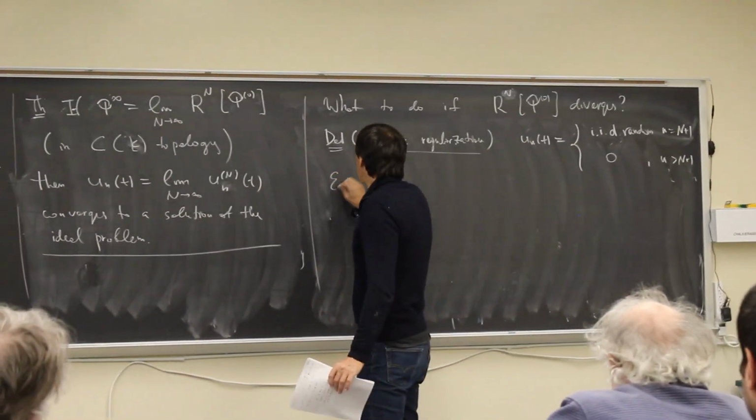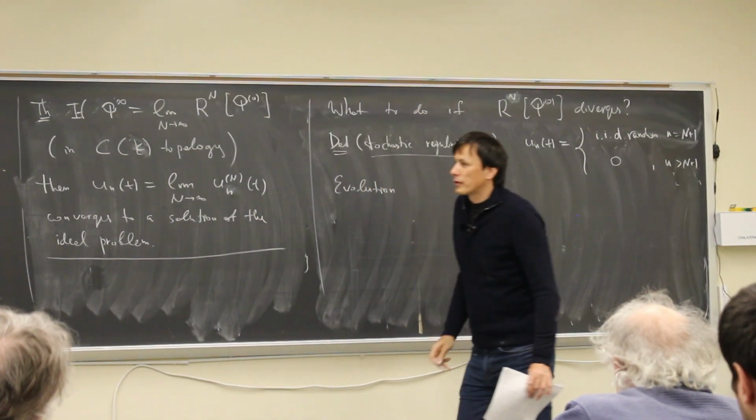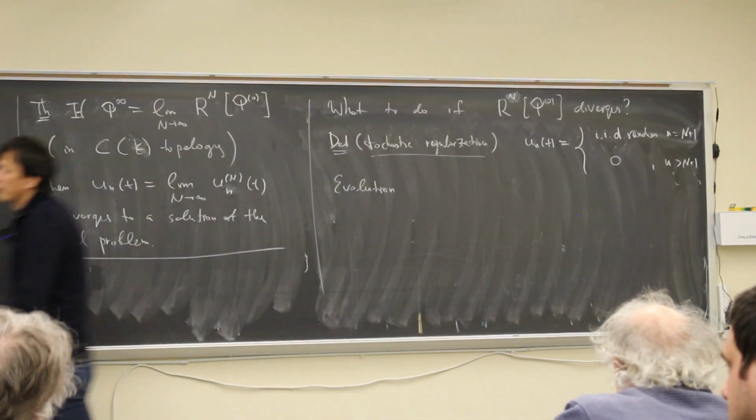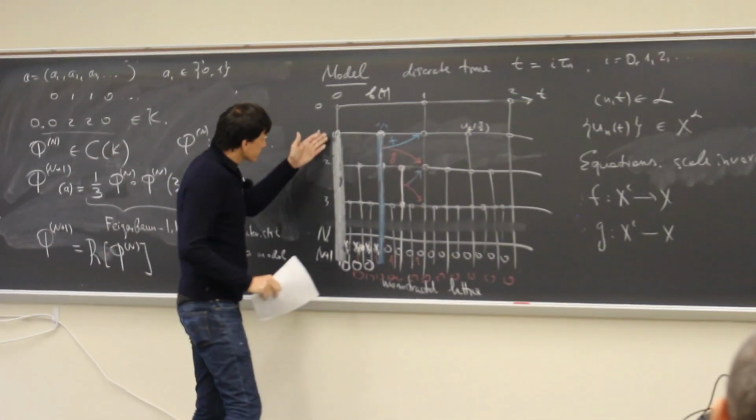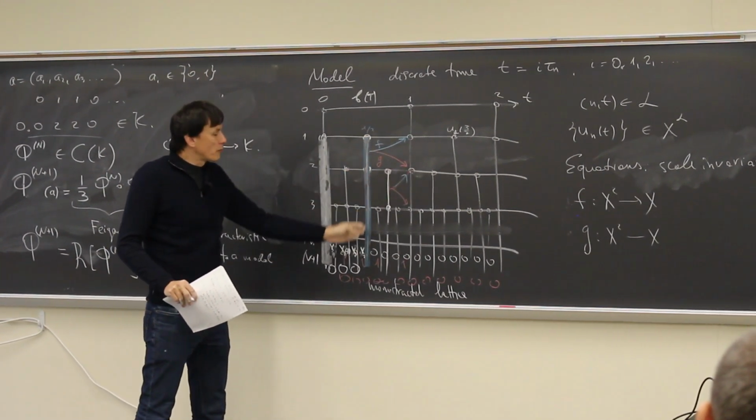We still have evolution. But now it's not an operator, because it's not a map: given an initial condition at time 1/2, you have a probability distribution.